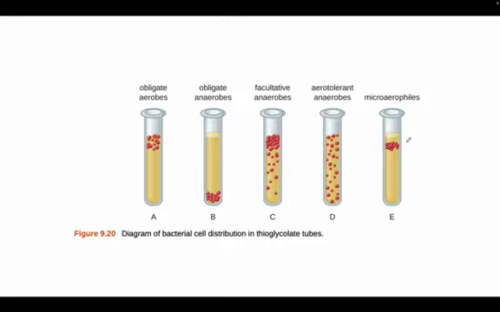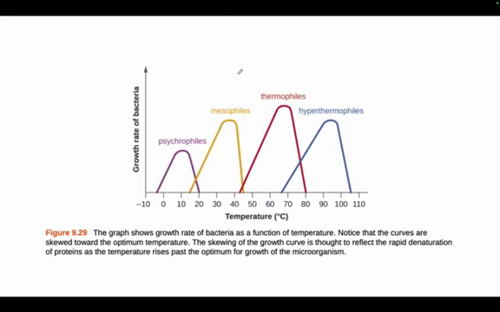These are all factors you have to consider when you think about how you want to grow your bacteria. If you're growing a more anaerobic bacterium, maybe you need to flush your incubator with nitrogen or something like that. Then, of course, what temperature should you grow your bacterium at?